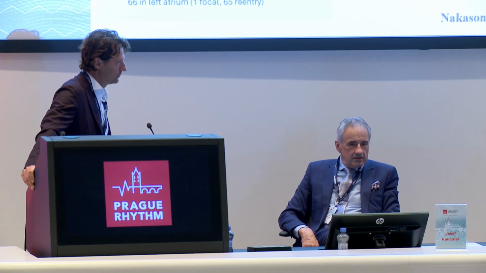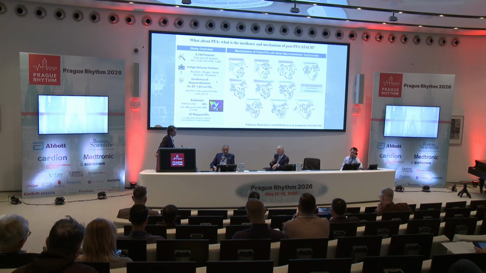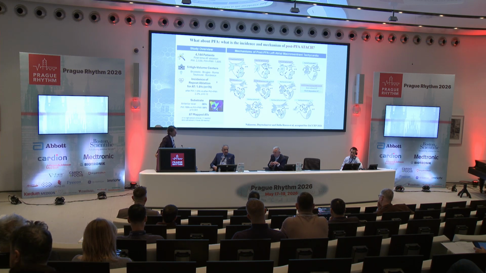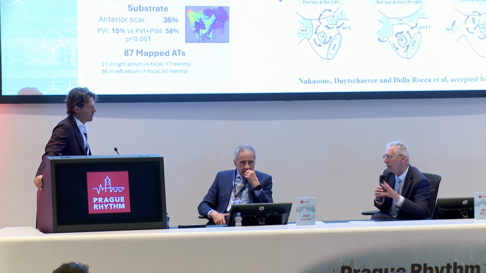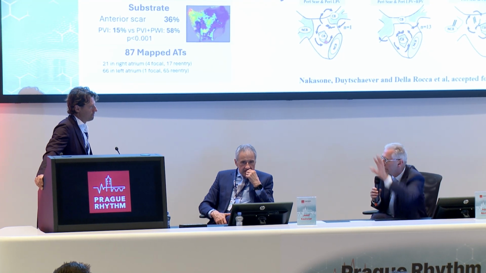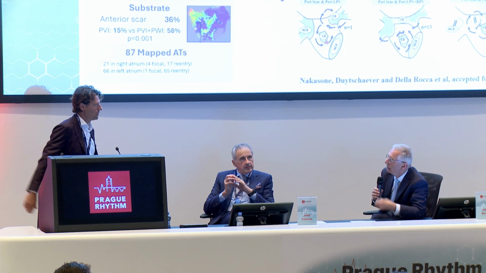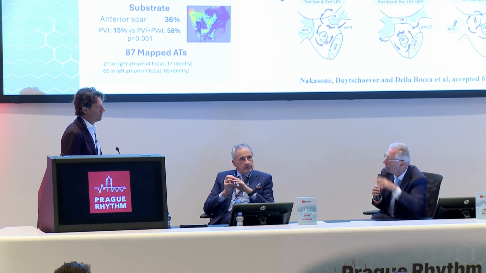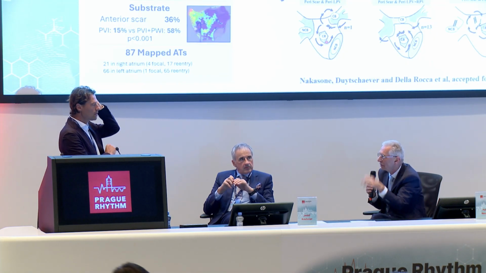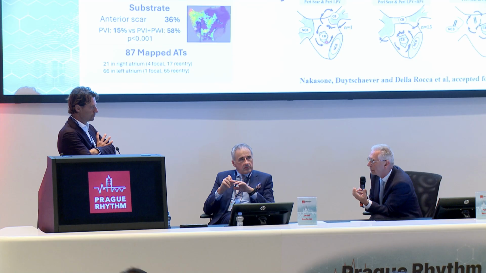Andreas, I have troubles because when Peppa mentioned the several energies we used before, let's make an example of pentaspline. After the index procedure, you have posterior wall, you have PVI, and because of stunning, the cells are a little bit affected.